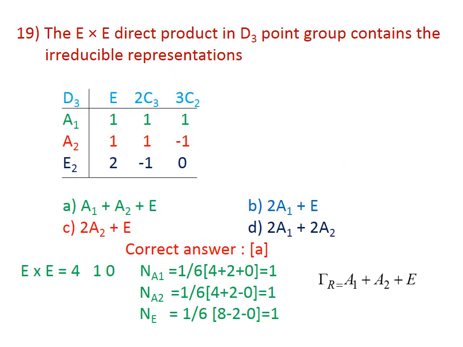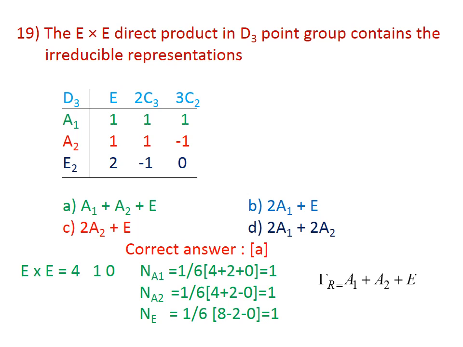Question number 19. The E and E direct product in the D3 point group contains the irreducible representation. Let us consider E times E. E is 2, minus 1, 0. You multiply E into E, that will become 4, 1, 0.